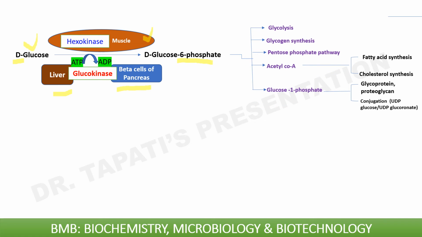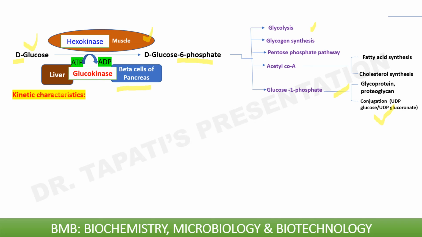Glucose 6-phosphate is utilized in different biochemical pathways inside the cell. Now, let's compare kinetic characteristics of these two enzymes.